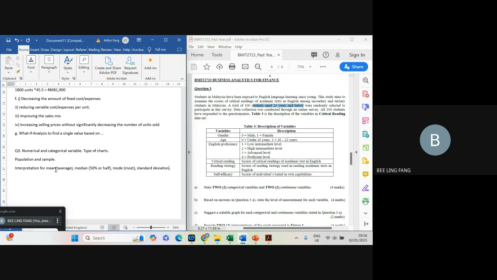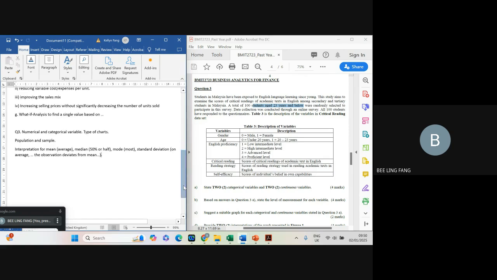For standard deviation, you can say on average, the observations deviate from the mean. You can refer to the quantitative study, year 1, right? Interpretation. So this is for question 3.